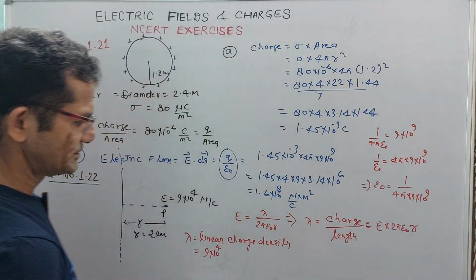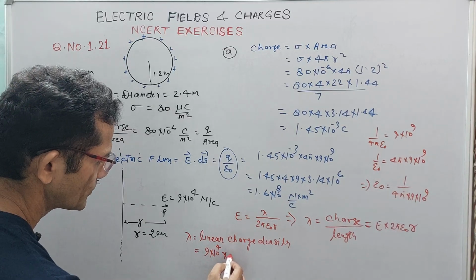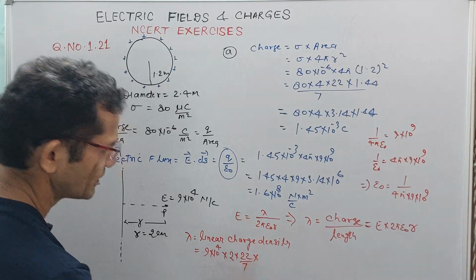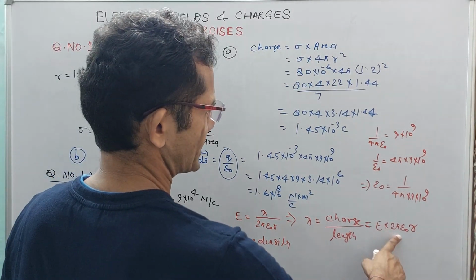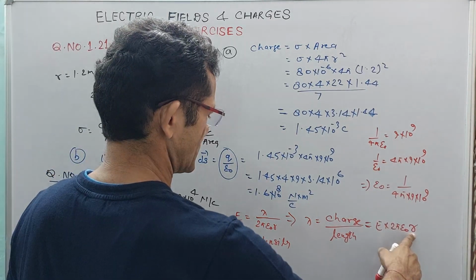We will use 2 pi, which has the value 22 upon 7.